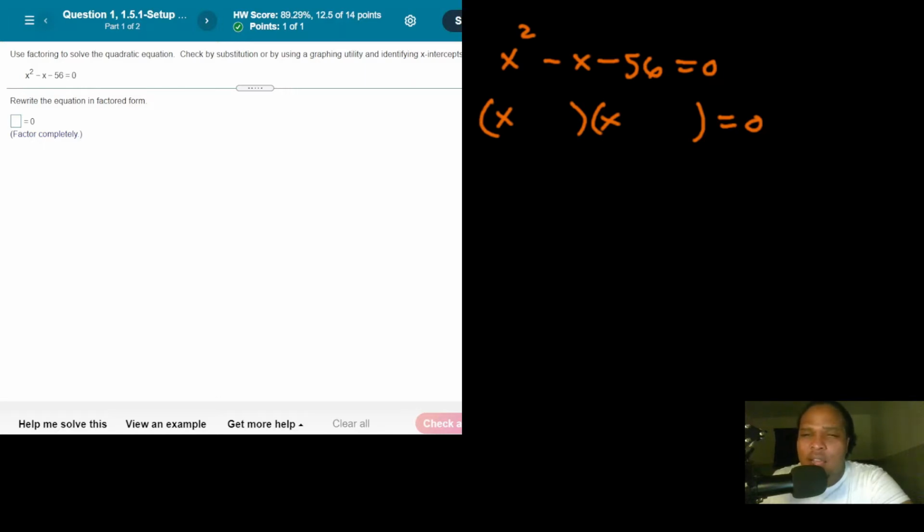All right, now, what I like to do is determine your signs. In order to determine your signs, you're going to want to look at your C term. Remember you have ax squared plus bx plus c, equals 0. This is the standard form for quadratic equations.